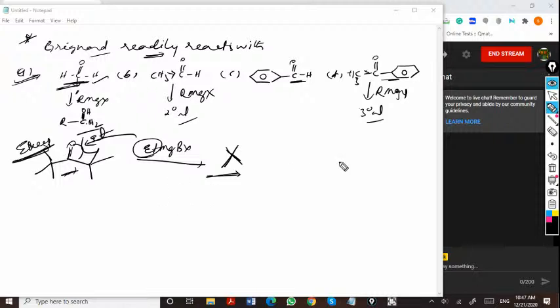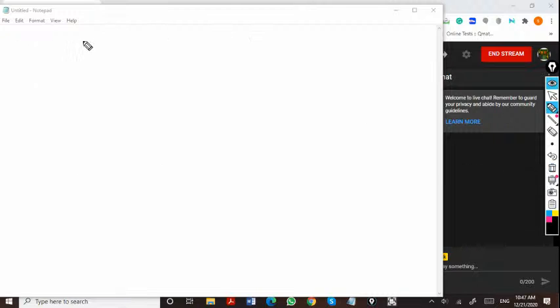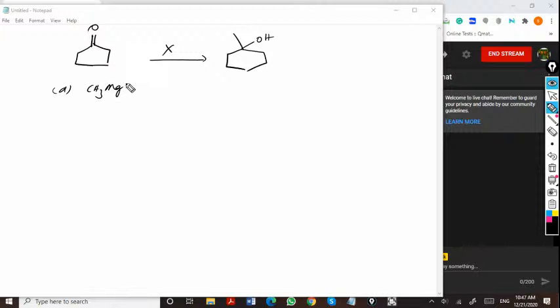So next, one of the previous questions: conversion of cyclopentanone to methyl cyclohexanol. Option A: methyl magnesium bromide followed by H2O.